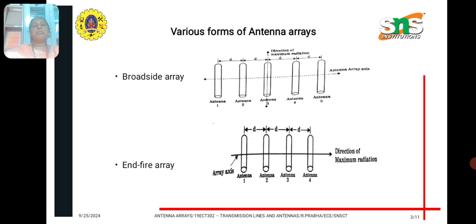The maximum radiation for the Endfire array is towards the array axis, and the minimum radiation is in the perpendicular direction to the array axis. These two are the major classifications of antenna arrays.